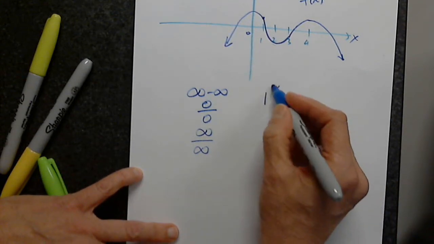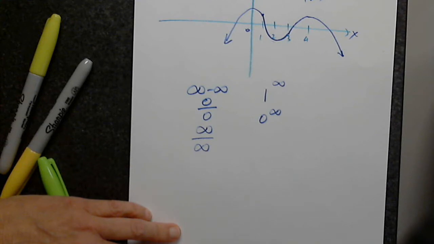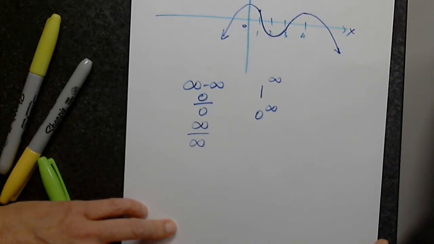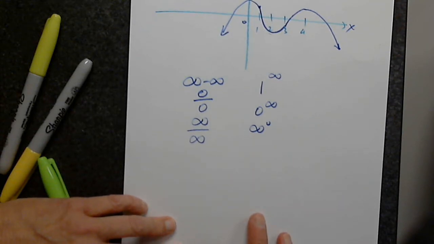I think I do remember 1 to infinity. We had an example or two, and we should go back to another few. I think we had 0 to infinity. I don't remember if we had infinity raised to 0.